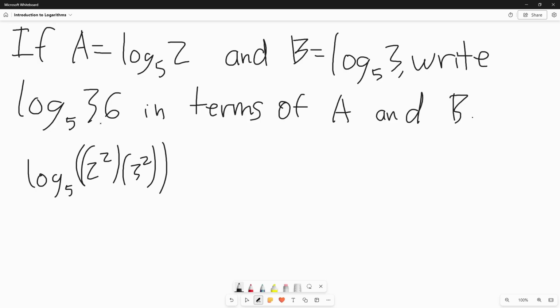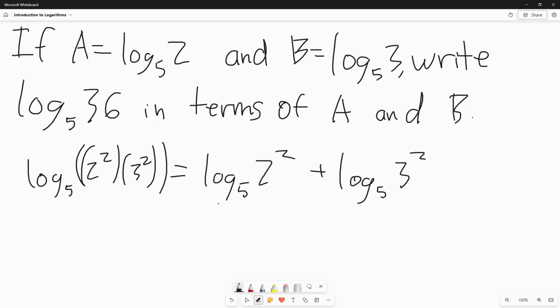Now we successfully divided 36 into terms of 2 and 3, which is what a and b are, log base 5 of 2 and log base 5 of 3. And now we can use the rule to separate this into log base 5 of 2 to the power of 2 plus log base 5 of 3 to the power of 2.